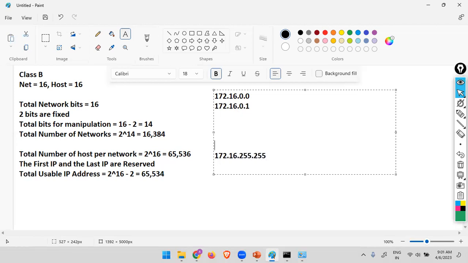Correct? What will be the address just before this? 172.16.255.254. Correct? Okay. So this first address will be my network ID.